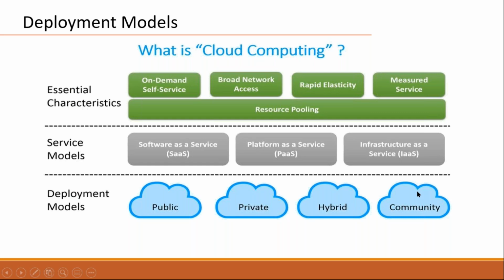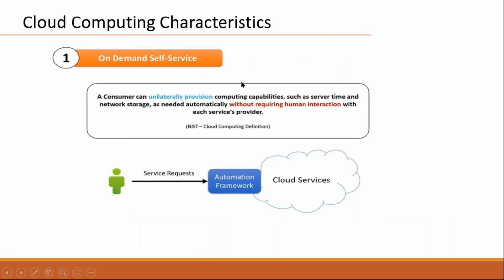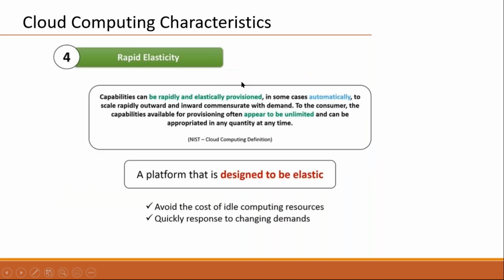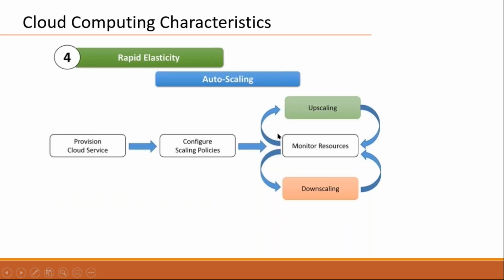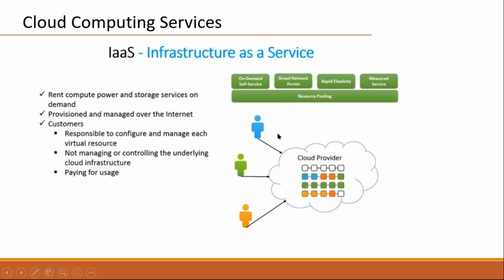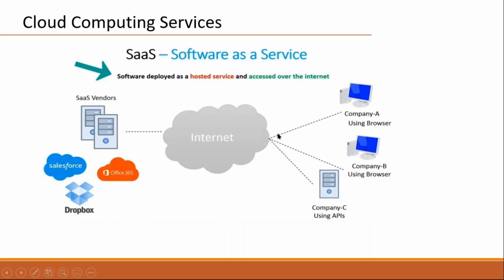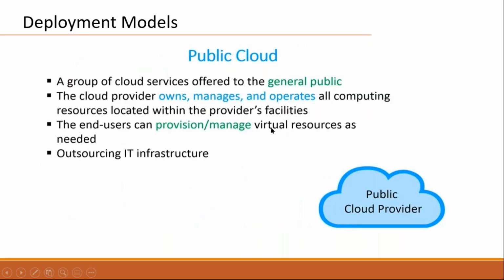So basically remember, whenever we say cloud computing, it generally refers to public cloud. I have already written in detail what elasticity is, and IaaS, PaaS and SaaS with examples. Later you can see.